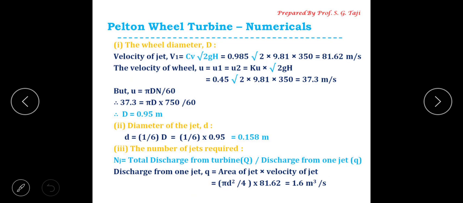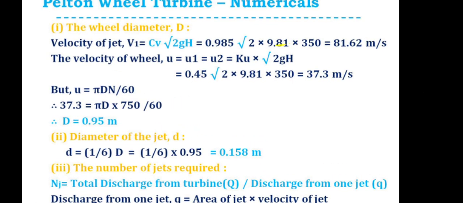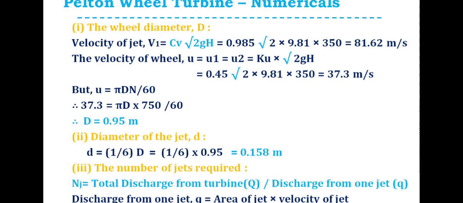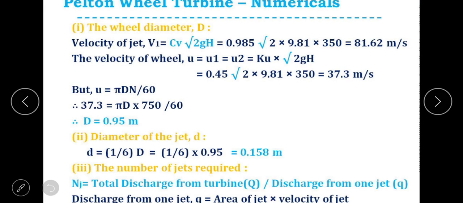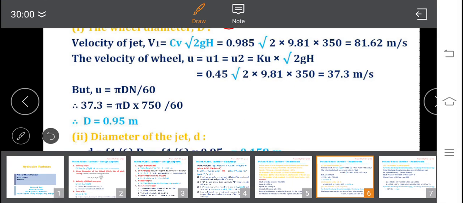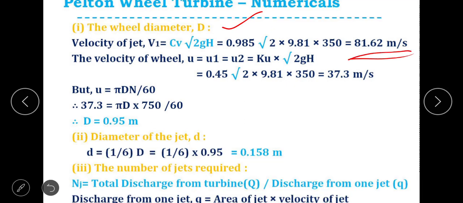Next, let us zoom it. Solution. How to find the solution we will see. In order to find the wheel diameter D, we know that velocity of jet V1 is equal to Cv under the root 2gH. Substitute all the values, 0.985 under the root 2 multiplied by 9.81 multiplied by 350, we get 81.62 meters per second.